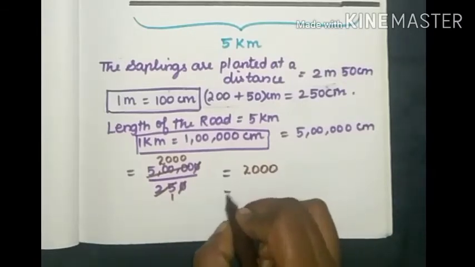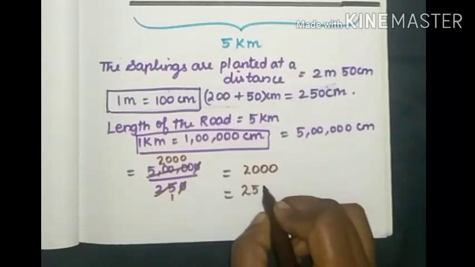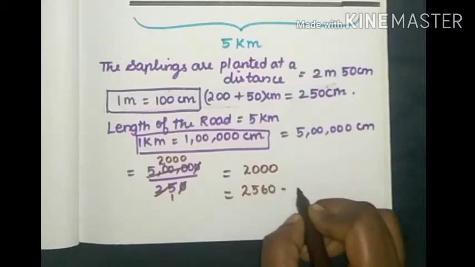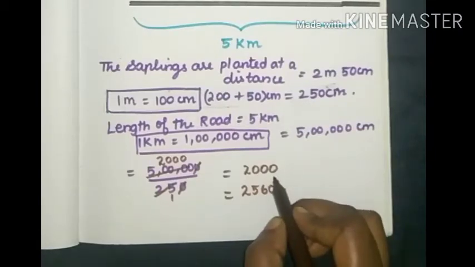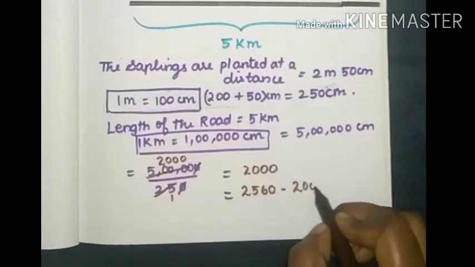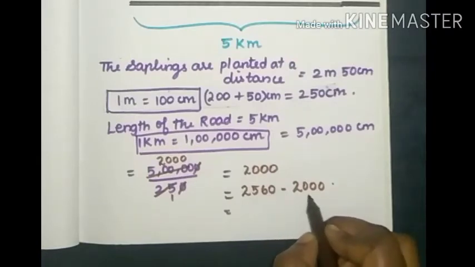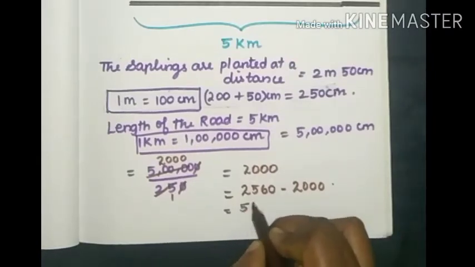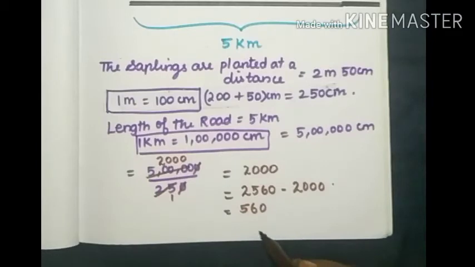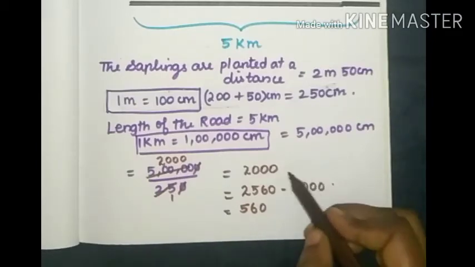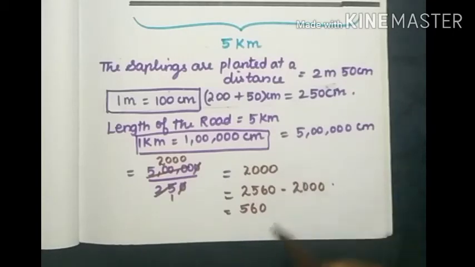The total saplings is what? 2560 minus how many saplings were planted in the length of the road 5 kilometer? Yes, 2000. 2560 minus 2000 equal to 560. Therefore, 560 saplings are left. 2000 saplings are planted and 560 saplings are left.